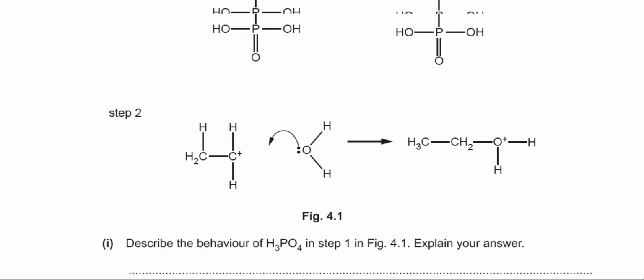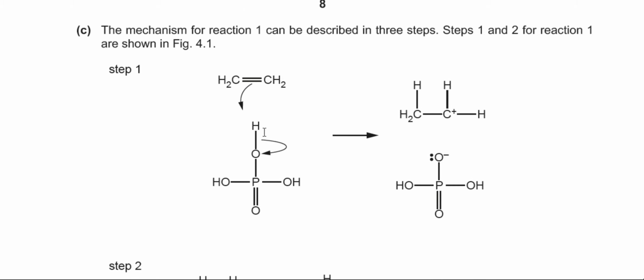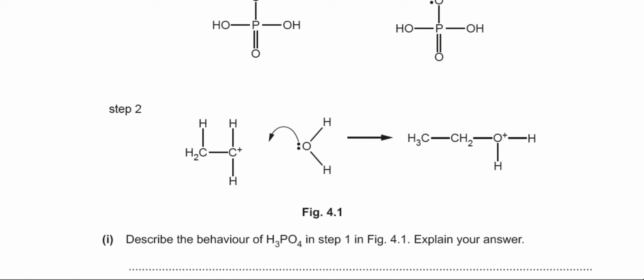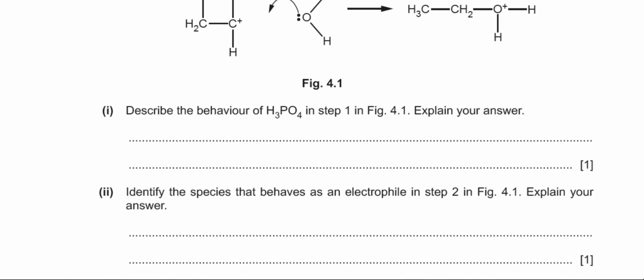Typically it is a catalyst, but here the demand says that according to the mechanism shown, this part is releasing its hydrogen, and we know that when something is releasing its hydrogen, which is called a proton, then it will be an acid. So the phosphoric acid is behaving like an acid, and the explanation for this is, we can say, because it is donating a proton.